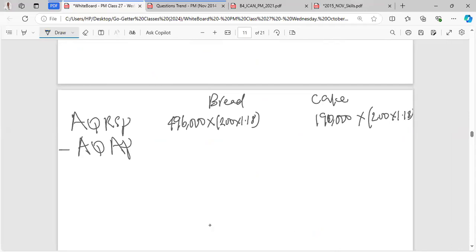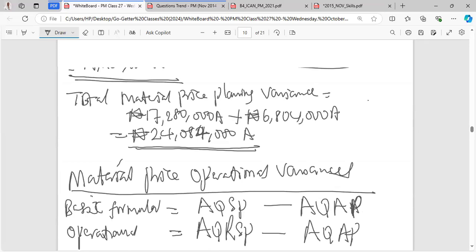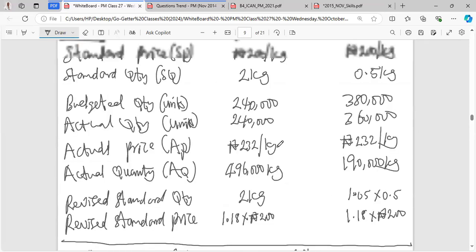We spent 496,000 multiplied by 232 per kg. Someone will be tempted to go and use 240 units.